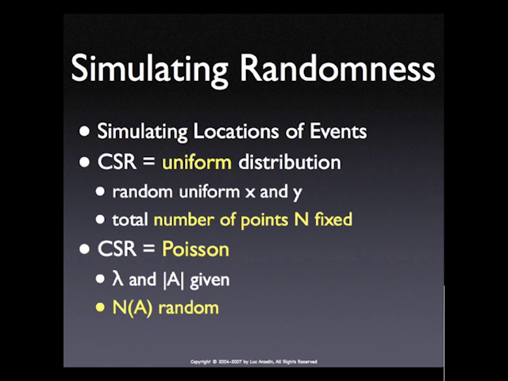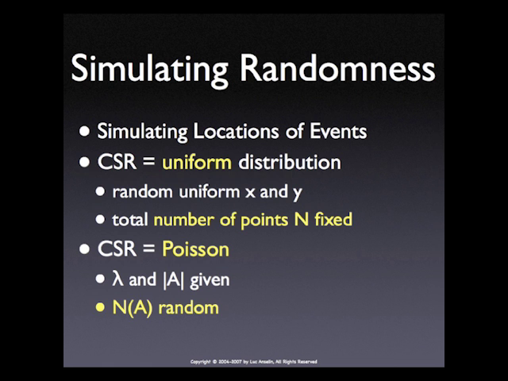That's actually very easy to do. You just take a random draw on the x dimension and on the y dimension. So one way of generating a completely spatially random point pattern is to go to your random number generator and, say you want 20 points, get 20 x's uniform between 0 and 1, 20 y's uniform between 0 and 1, put them together and you have your points.